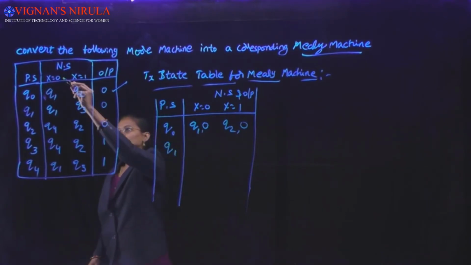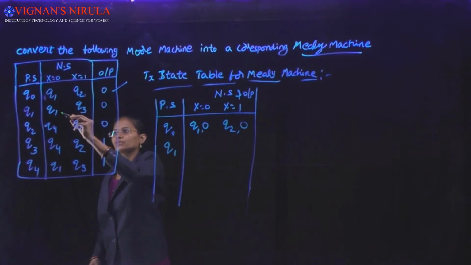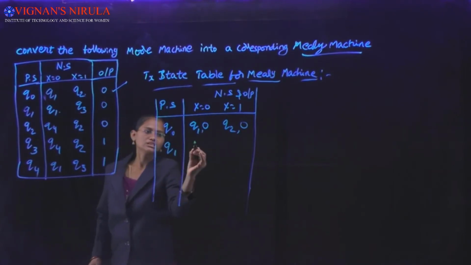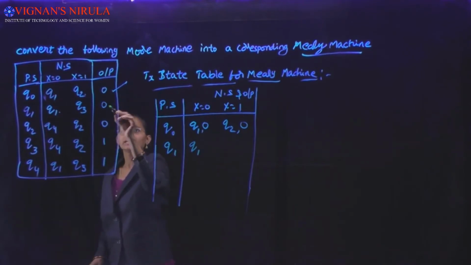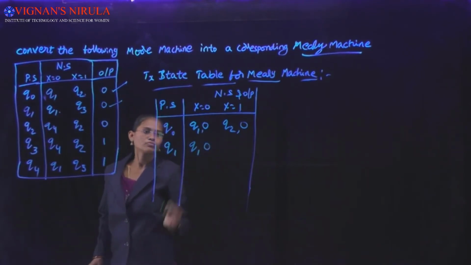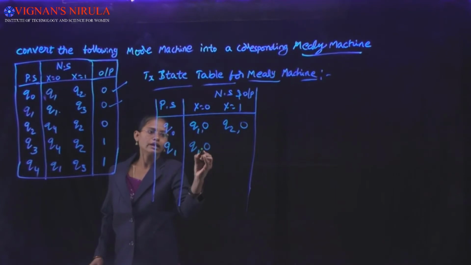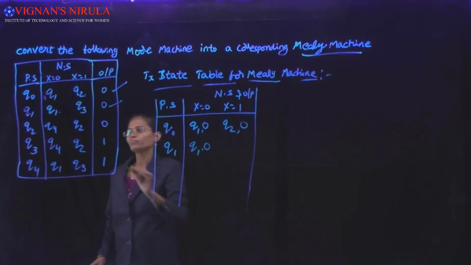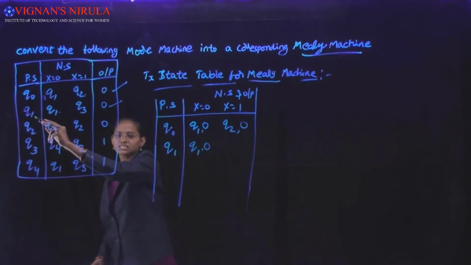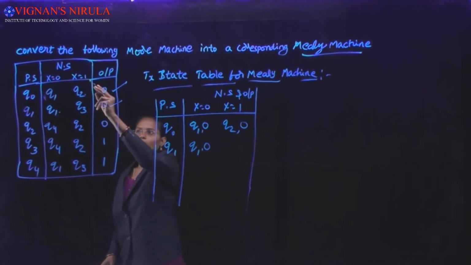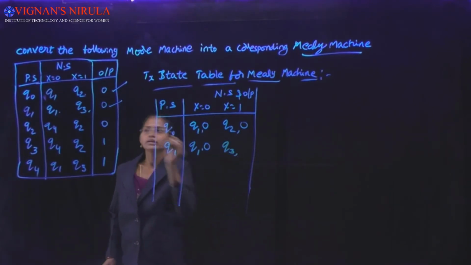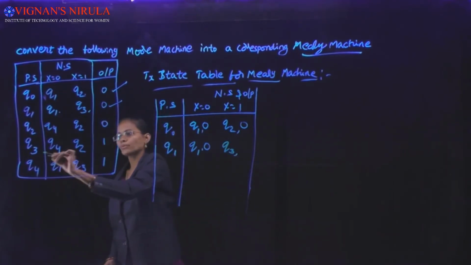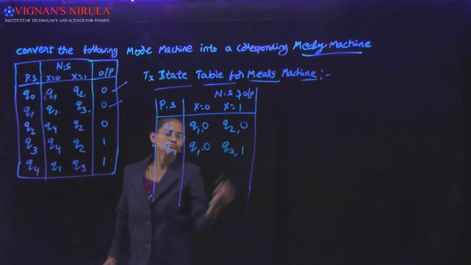If x equal to 0, the next state produced is Q1. This is the self state, and output is 0. And next, the present state Q1, if x equal to 1, the next state produced is Q3. Here the Q3 output is 1.